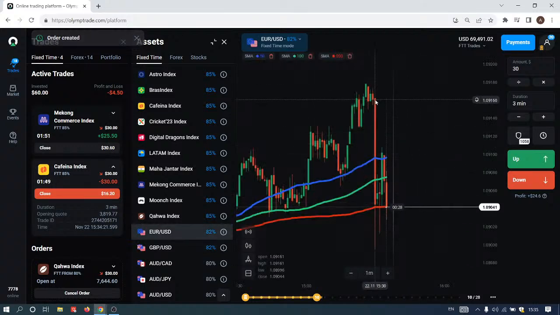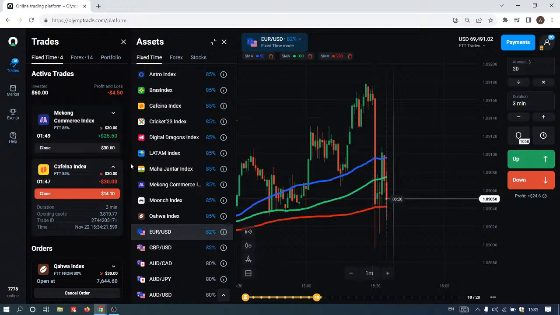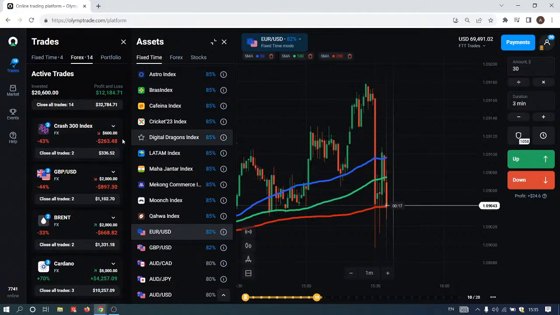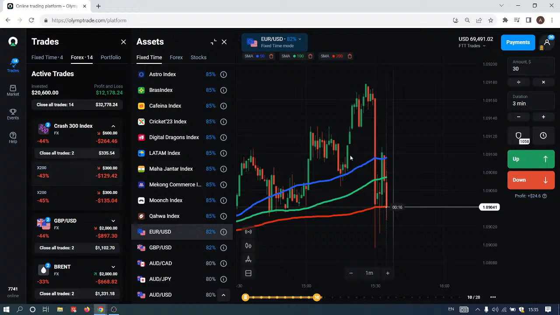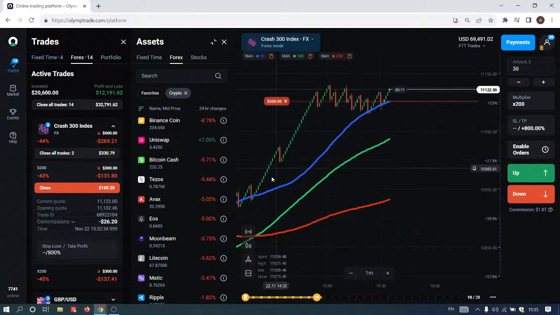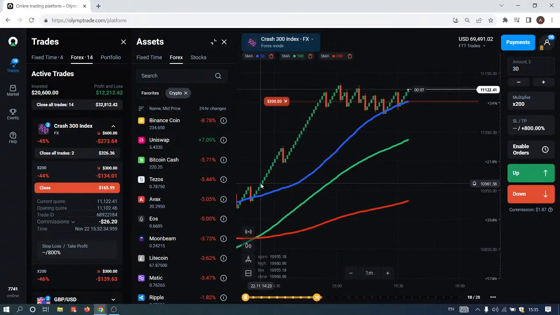Ooh, wow, the Euro USD. Wow, that's a lot of volatility here. So why is Crash 300 not available with the FTT mode of trading? Well, it's not available because, as you can see on 1 minute, it'll probably be too predictable.